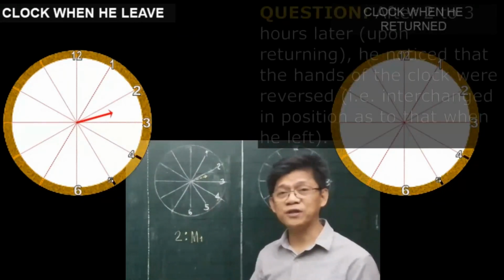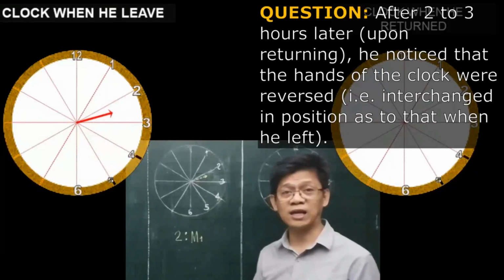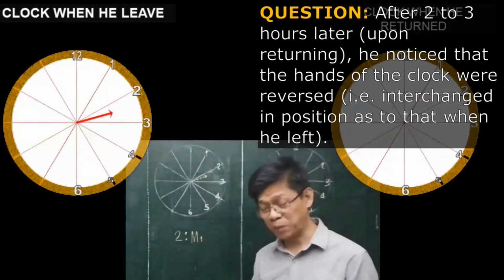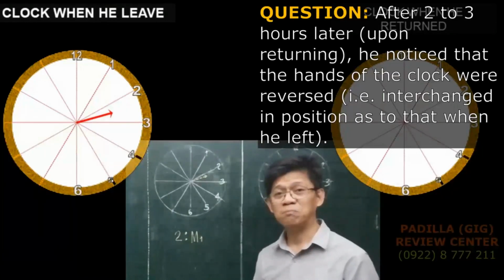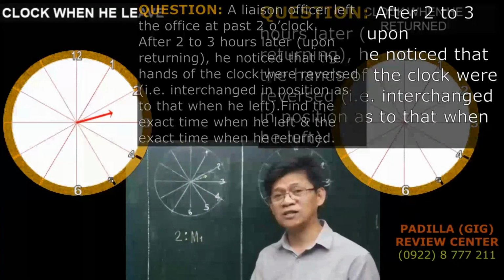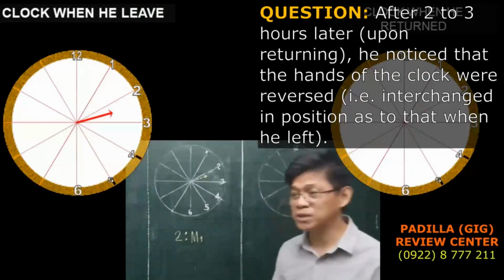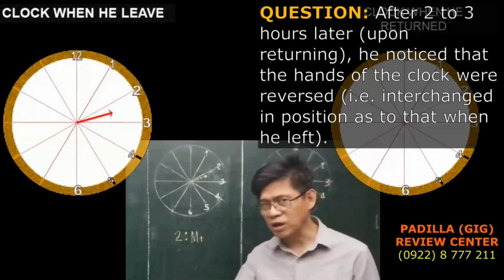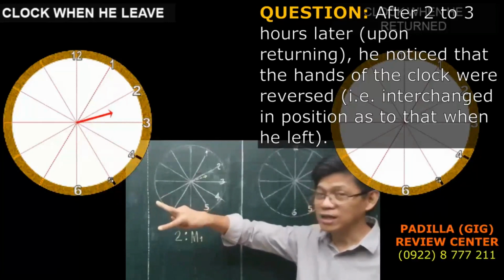Next statement, after 2 to 3 hours later, it also did not tell us the exact span of time when he was out of the office, between 2 and 3 hours. Not less than 2 hours, not more than 3 hours. He returned. The problem says, when he returned, he noticed that the hands of the clock were interchanged.